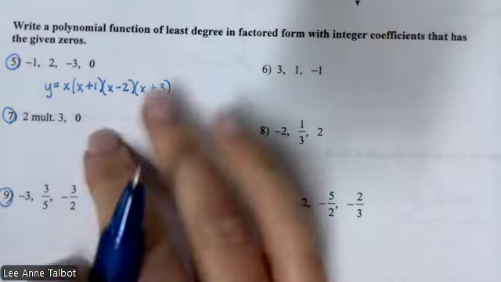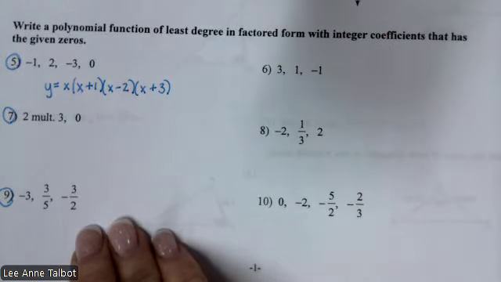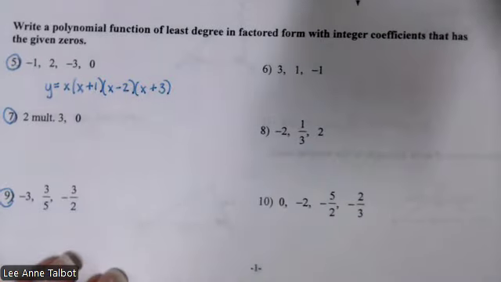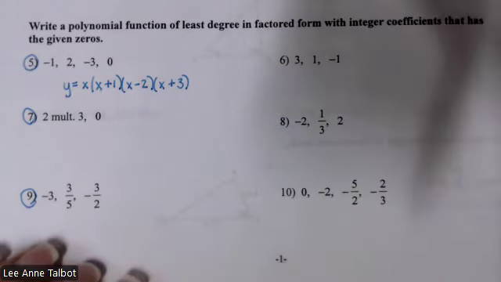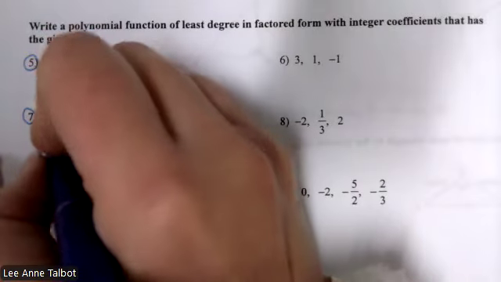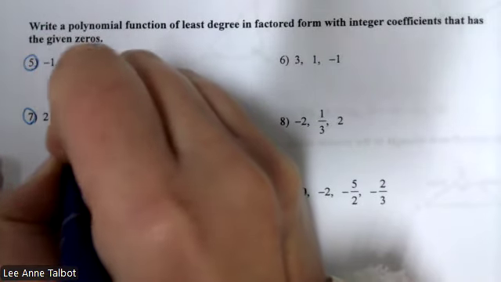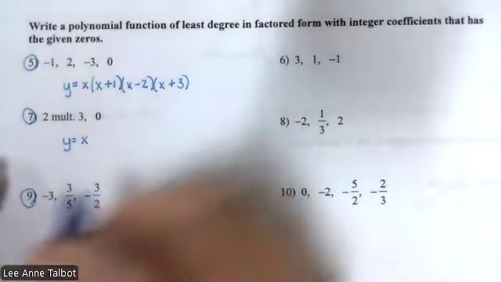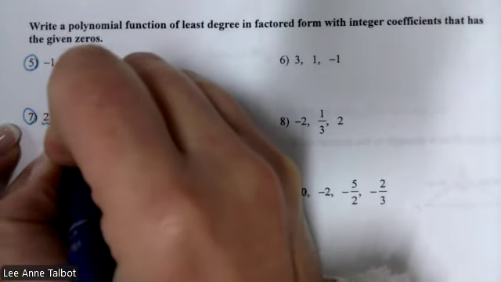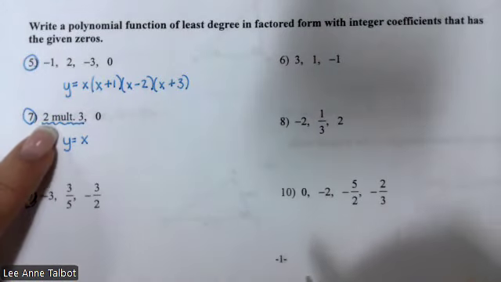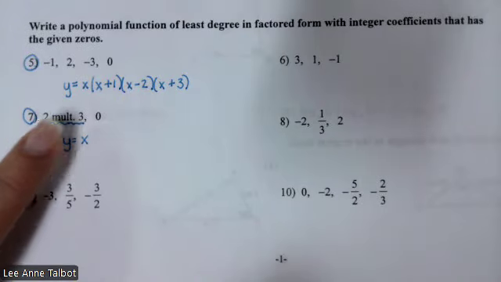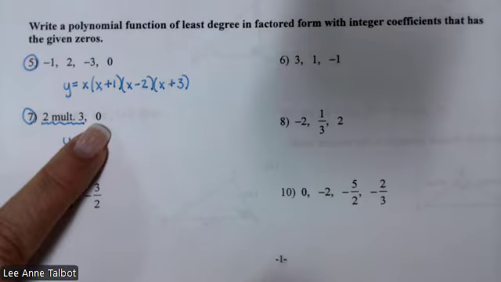Okay, now we need to do 7 and 9 because there are weird circumstances in both of those. Okay, hold on. Y equals, this one does have a 0, right? Okay, what does this business mean? It means that the root is 2 with a multiplicity of 3, which means it's a triple.